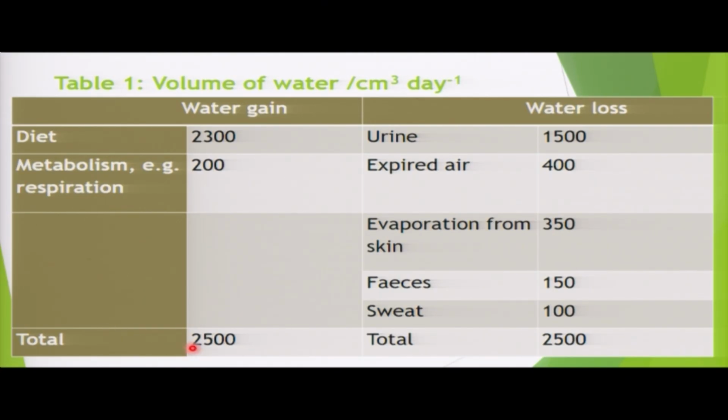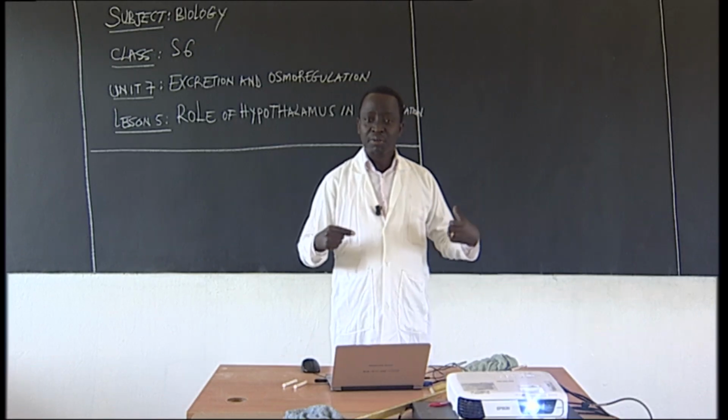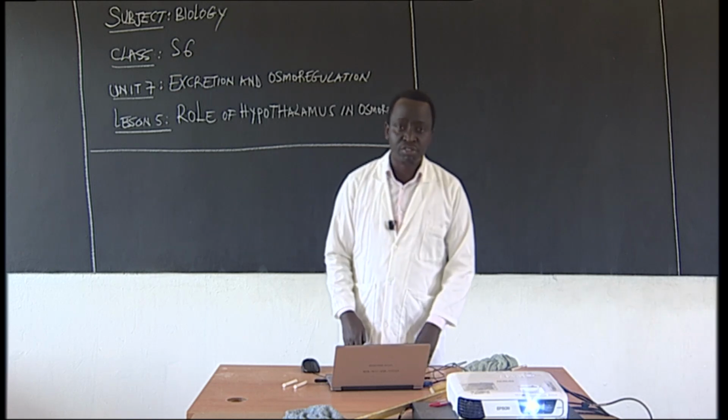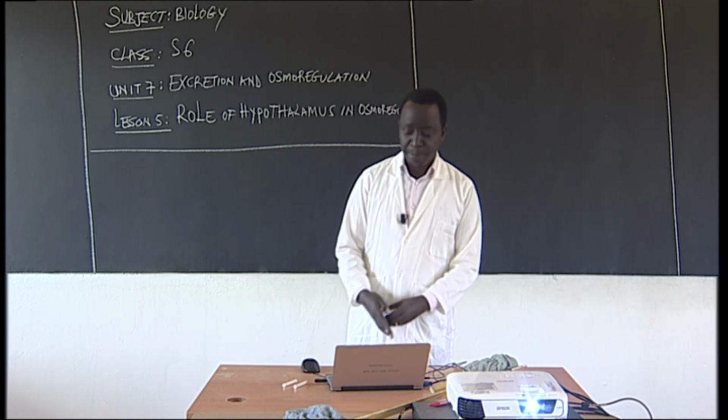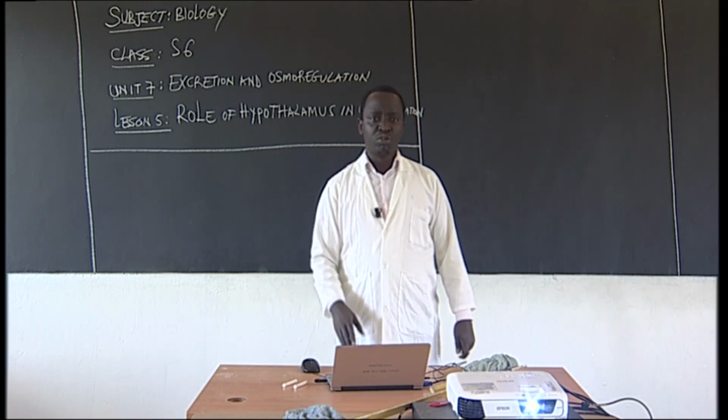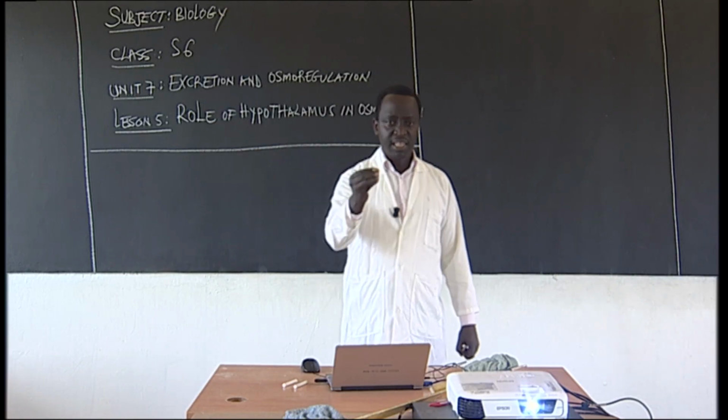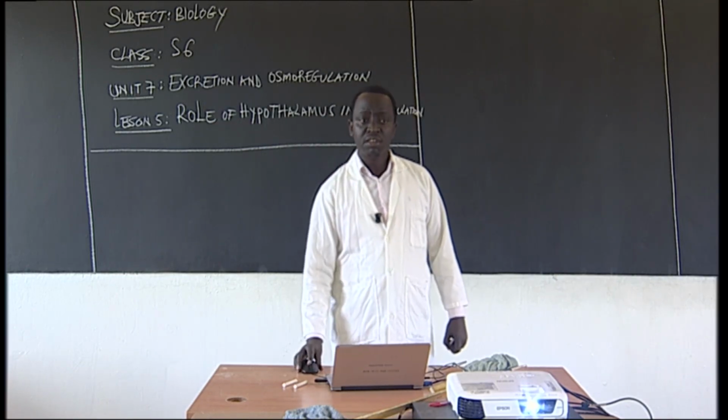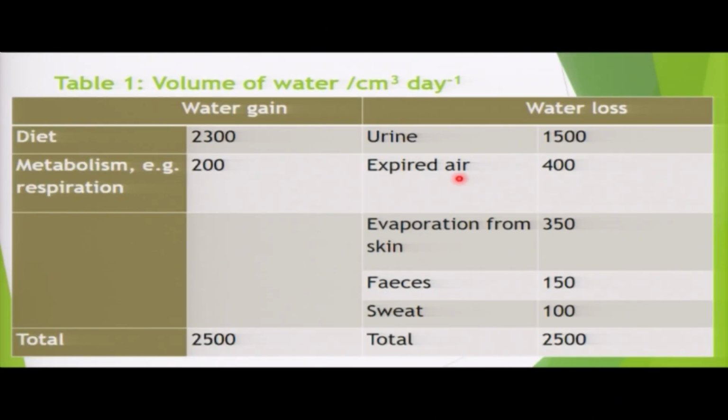So together, the total amount of water that we can gain each day is equal to 2,500. And this amount also has to be lost, because it is in our body, we gain it. Are you together? So how is it going to be lost? Either it's going to be lost in the urine. How much water can be lost in the urine?